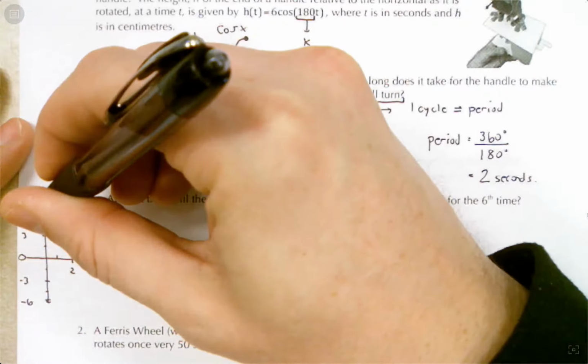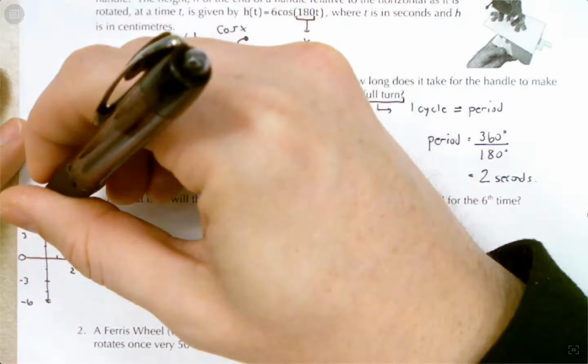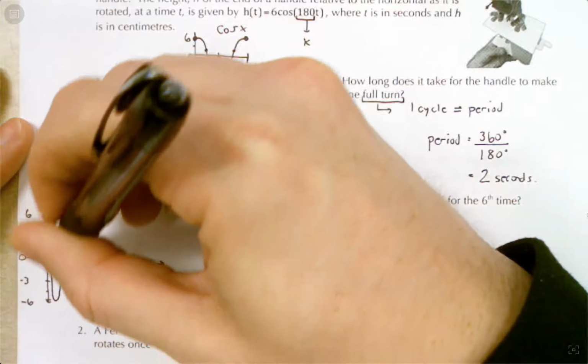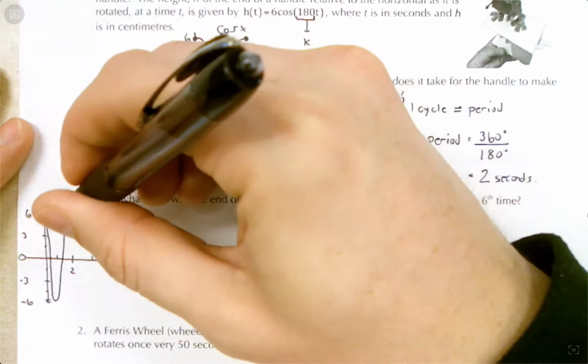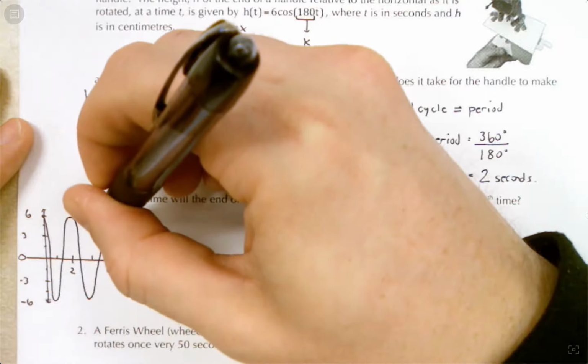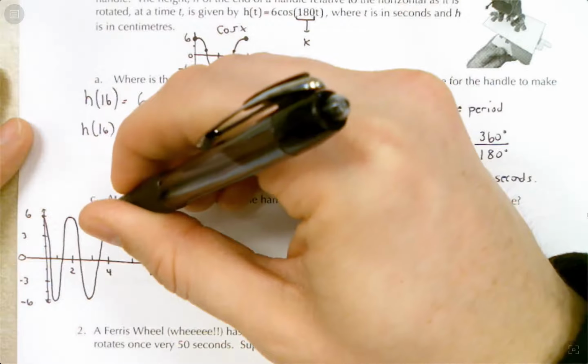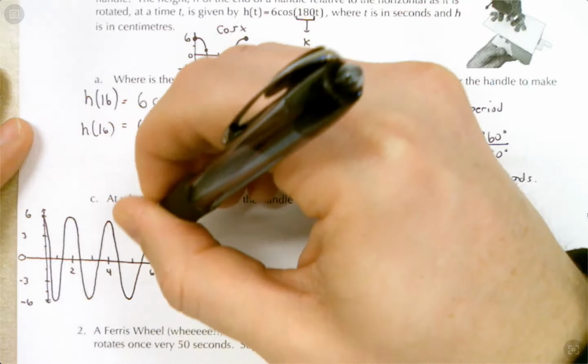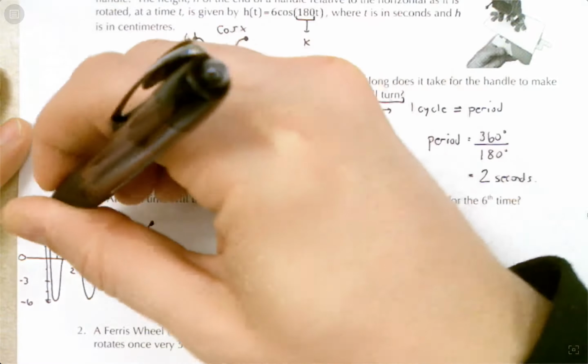So we start at the max. There's our first cycle. There's our second cycle. There's our last cycle.